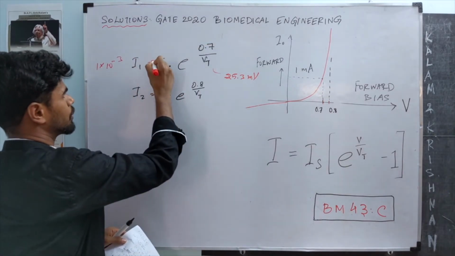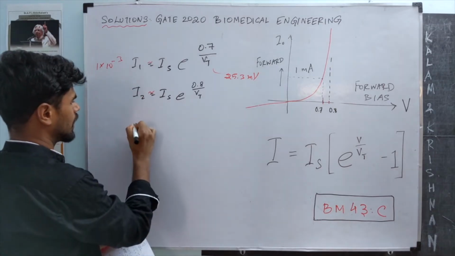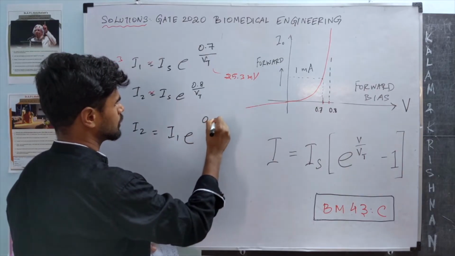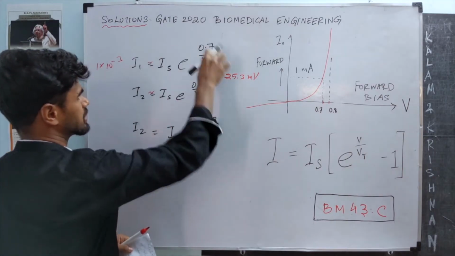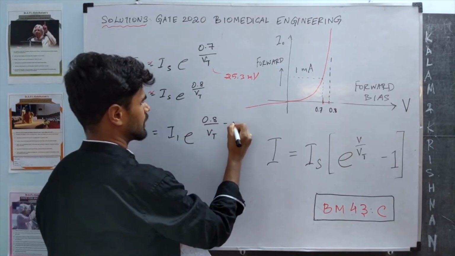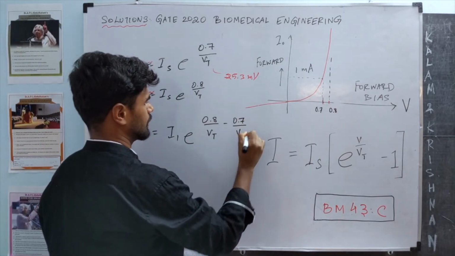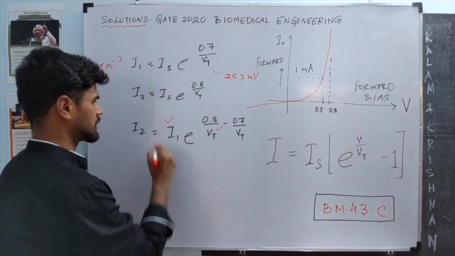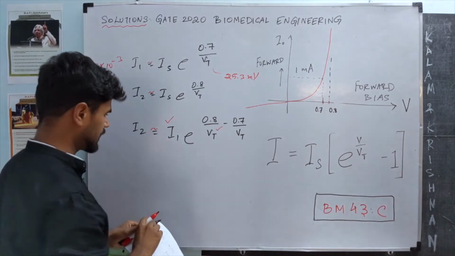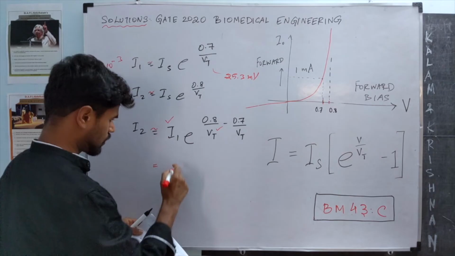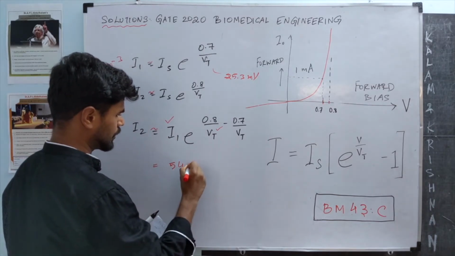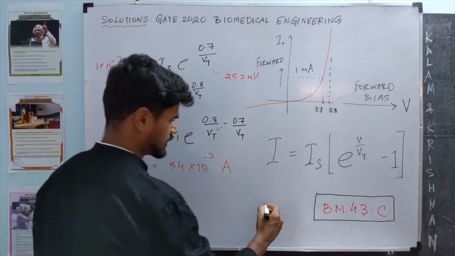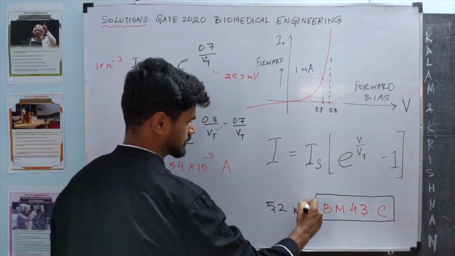So this is approximate, and I2 is I1 e power 0.8 by Vt, just divided by this expression, and you get minus 0.7 by Vt. Now this is known, Vt is known, just plug in the values and find I2. That turns out to be 54 into 10 power minus 3 amps. That is closest to option C, which is 52 milliamps.